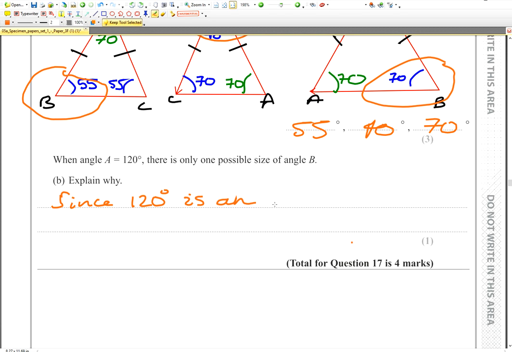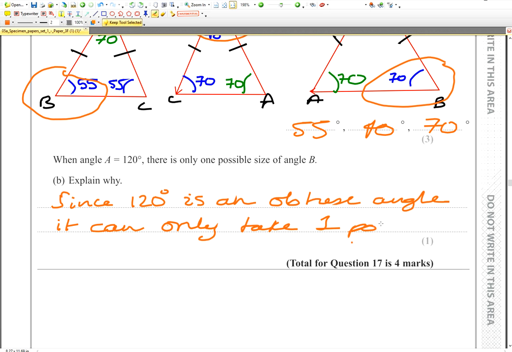It is an obtuse angle. Since 120 degrees is an obtuse angle, it can only take one position in the triangle.